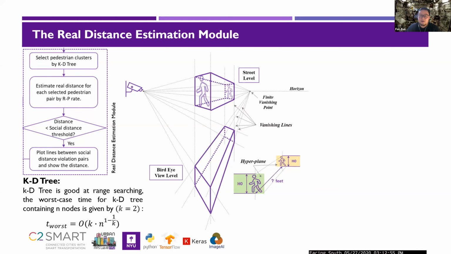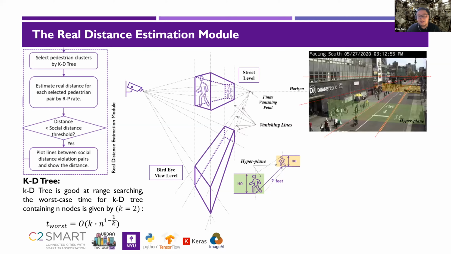After that, we slice the images into several hyperplanes, which are perpendicular to the horizontal plane, and the points on the horizontal lines in the hyperplane always have the same distance to the observed point, which is the camera, right?